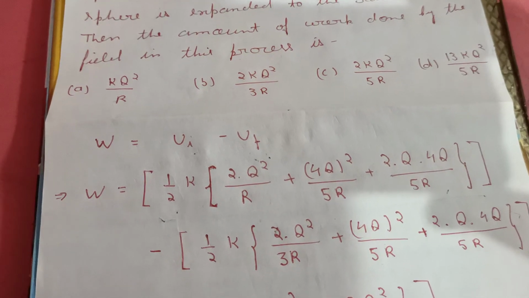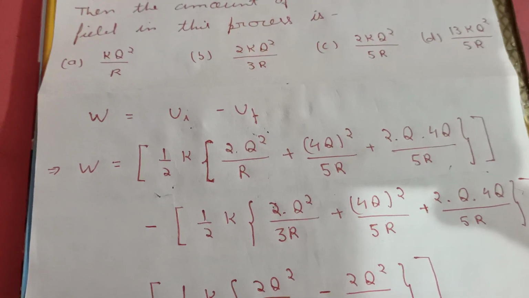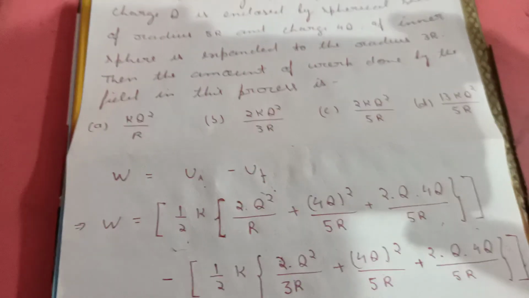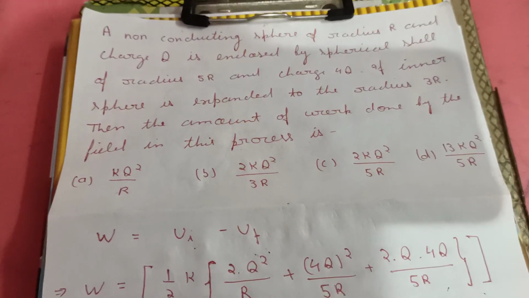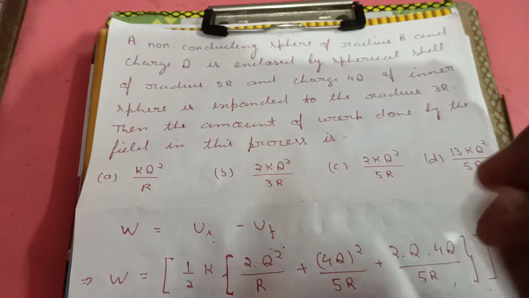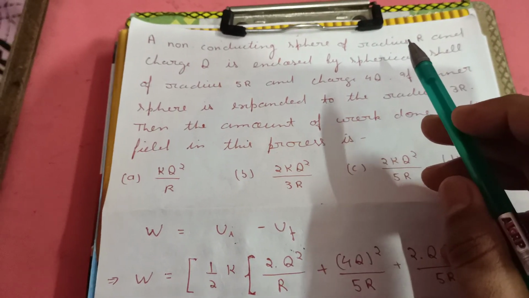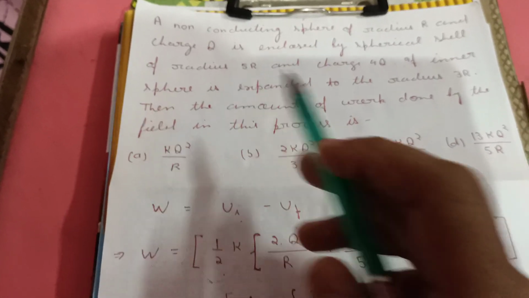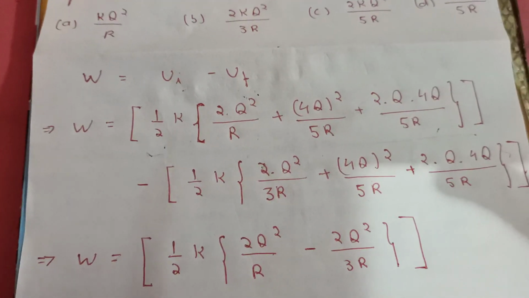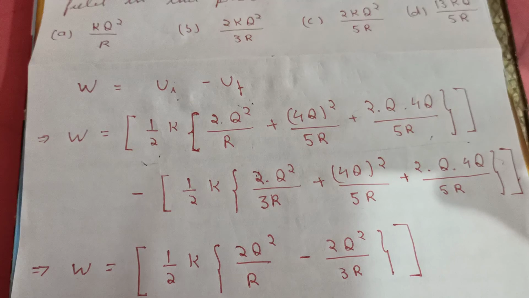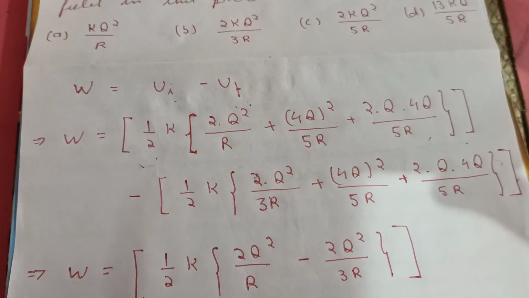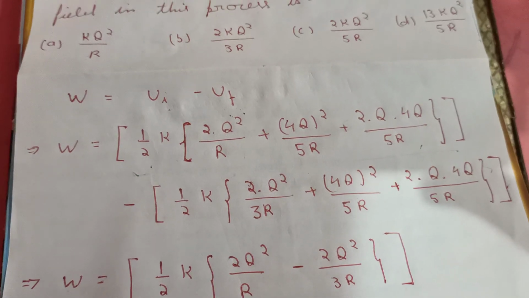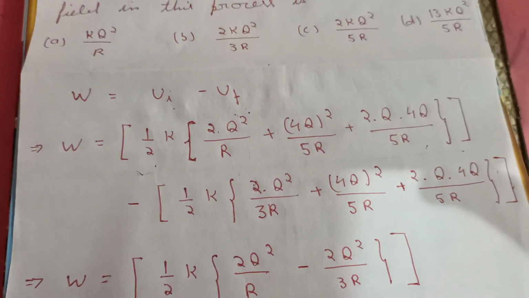And applying the formula we got above, we get UI. To calculate UI we have the radius r1 equal to capital R and q1 equal to capital Q. So the equation will become 1 upon 2 k bracket 2 q square upon capital R plus 4q whole square upon 5r plus 2q into 4q upon 5r.